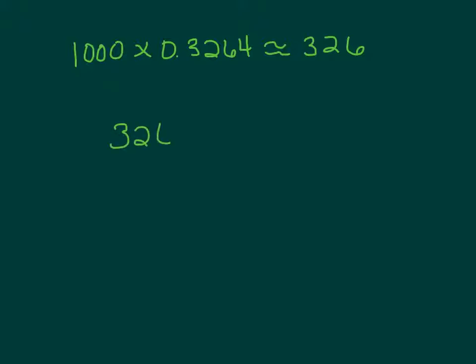So let's do that arithmetic: 1,000 times 0.3264 gives us approximately 326. So out of 1,000 scores, we would expect approximately 326 to be greater than 575.